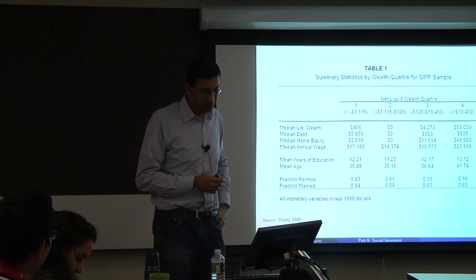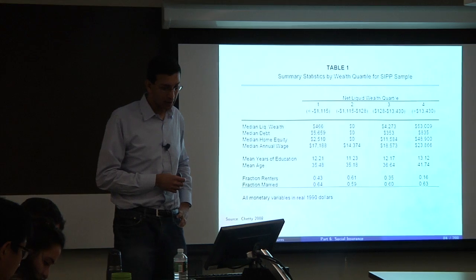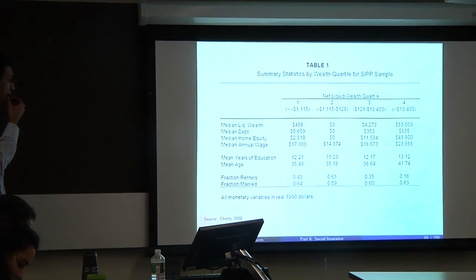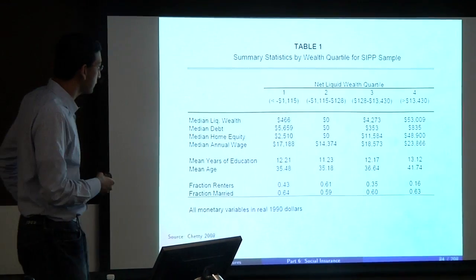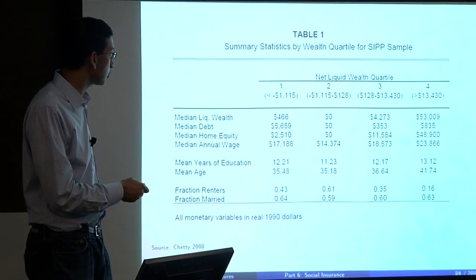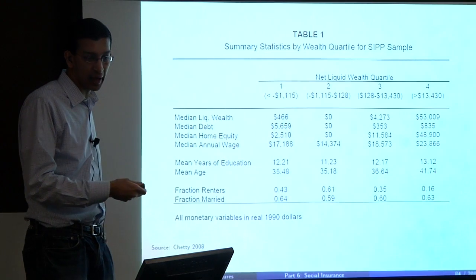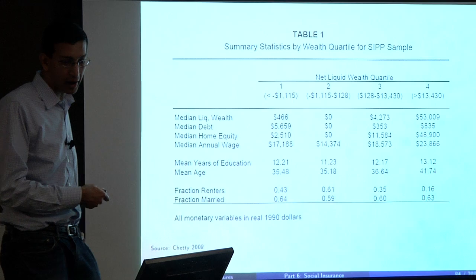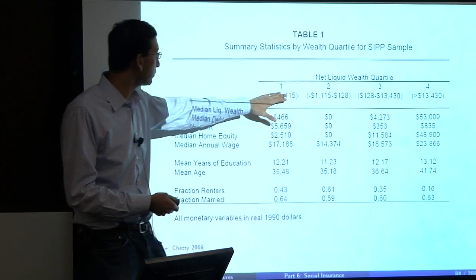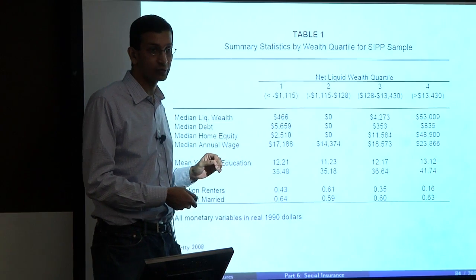I use data from the SIPP in this paper, the Survey of Income and Program Participation, and take the set of people who lose their job in the panel and look at their liquid wealth, excluding housing, prior to unemployment. And the first thing you can see is that people really don't have a lot of liquidity, okay? So these are the cut points. I've cut them into quartiles of liquid wealth.